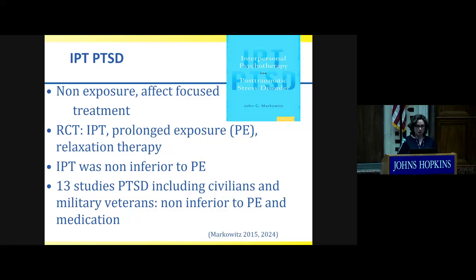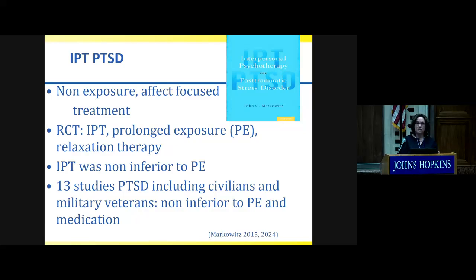The next adaptation I'm going to talk about is IPT for PTSD, developed by John Markowitz at Columbia. So this is a non-exposure affect-focused treatment. The idea being that individuals with PTSD can have interpersonal challenges, such as social withdrawal, mistrust, and social supports can be beneficial. It focuses on interpersonal events. Also, since IPT has benefit for depression and PTSD is highly comorbid with depression, perhaps it would be beneficial.